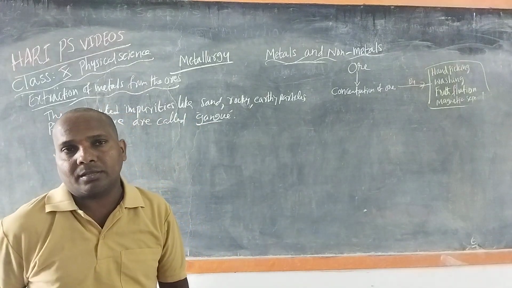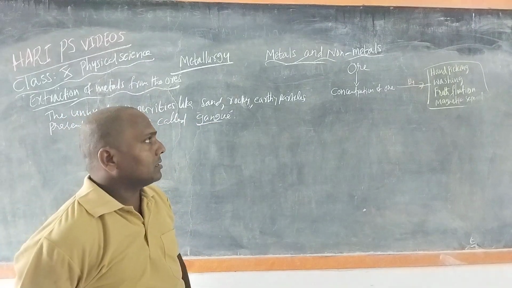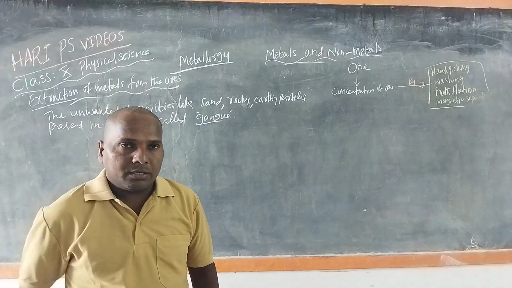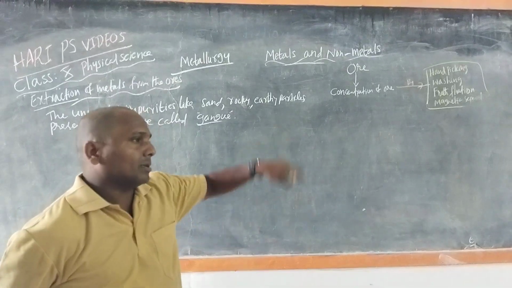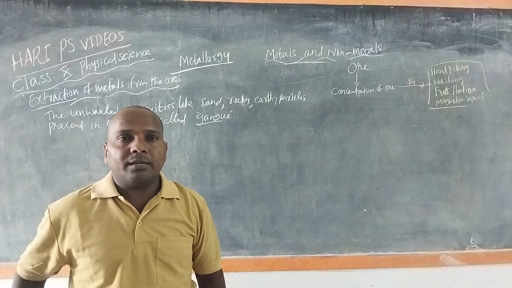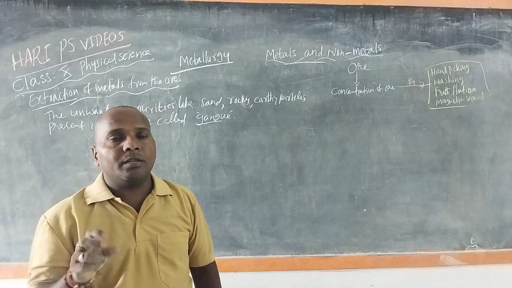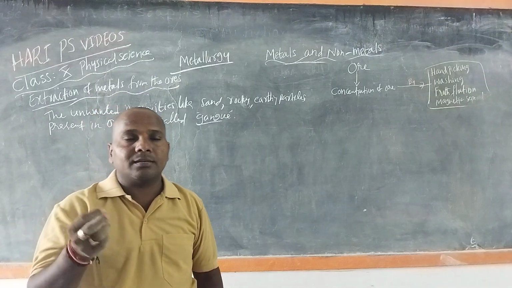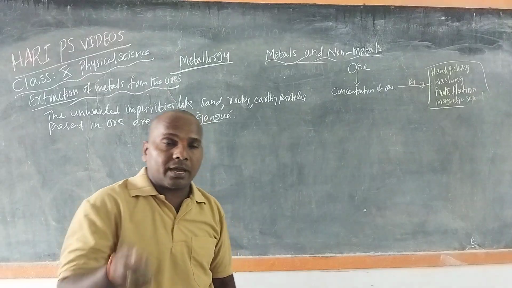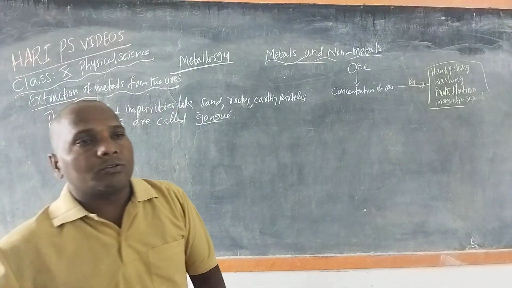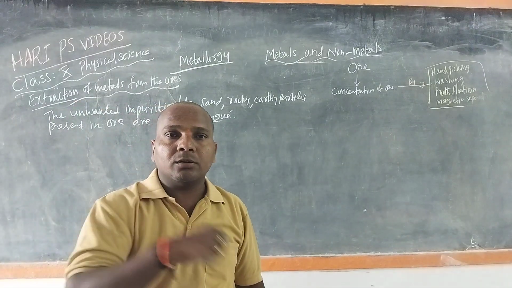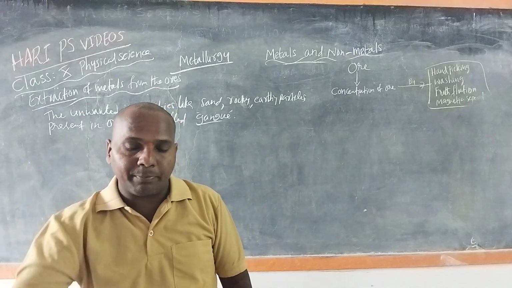So many processes are there. One of them is removing the impurities by hand picking. If the ore contains impurities like sand or soil, based on the size and the color, we are able to remove the gangue or impurities by hand picking.